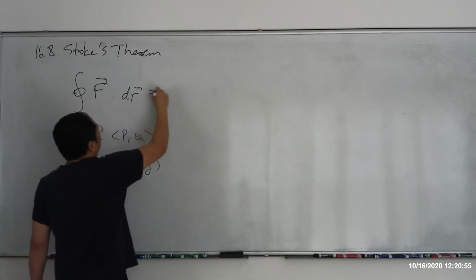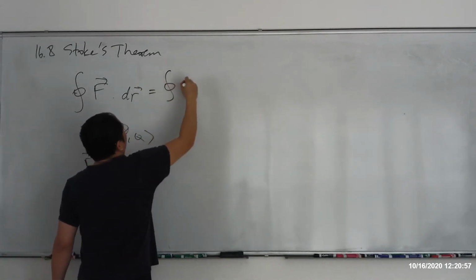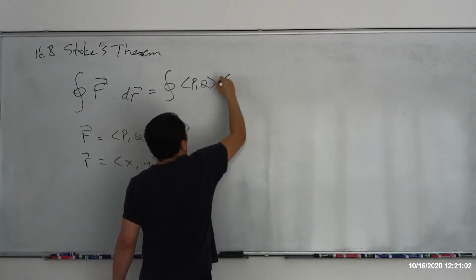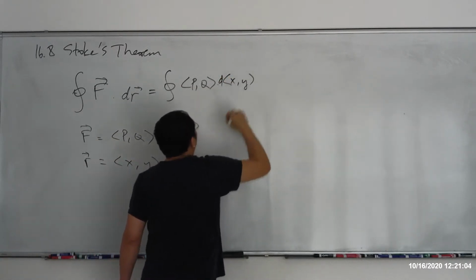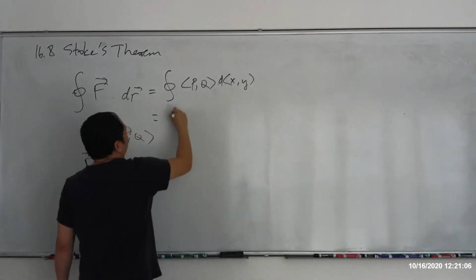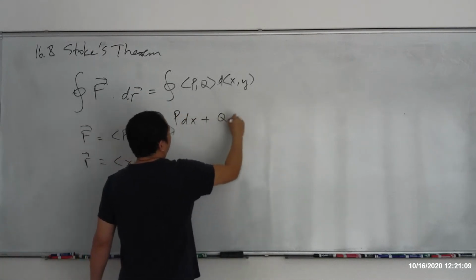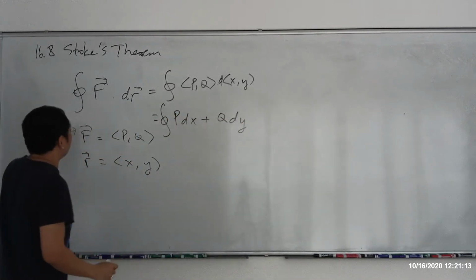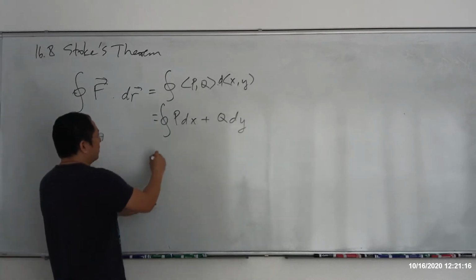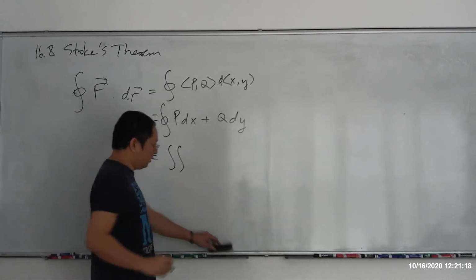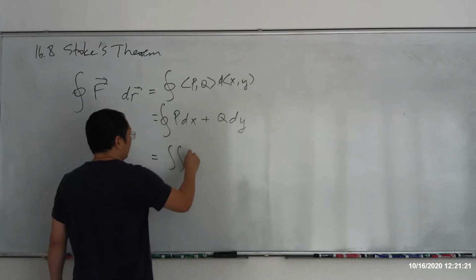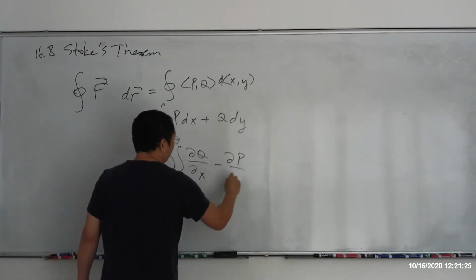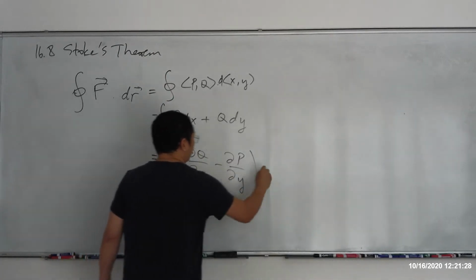So this is the integral of P dx plus Q dy. And Green's theorem says this integral will be equal to the double integral of dQ/dx minus dP/dy times dA.